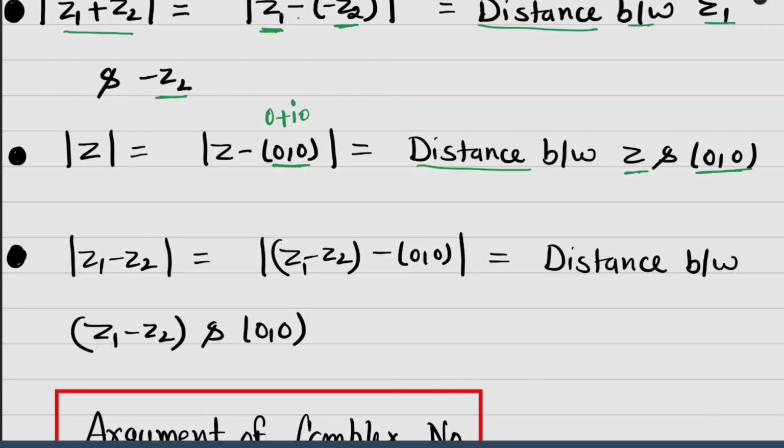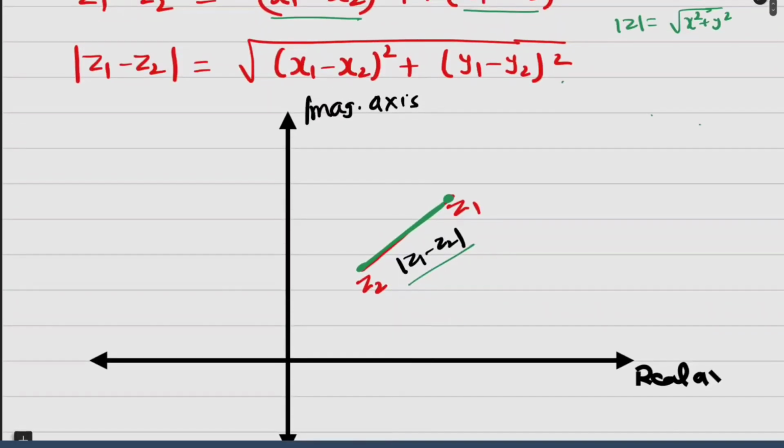That is the distance between Z1 minus Z2 and 0, 0. It depends on the problem. So the important point is, if Z is given, if this is the origin, let us say Z is here, then this is the modulus of Z.